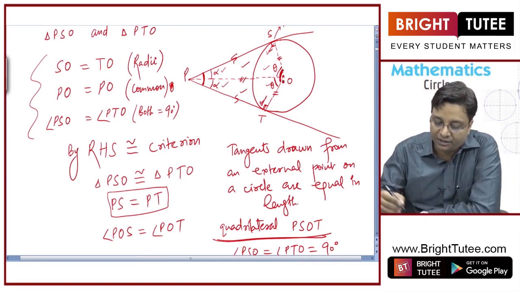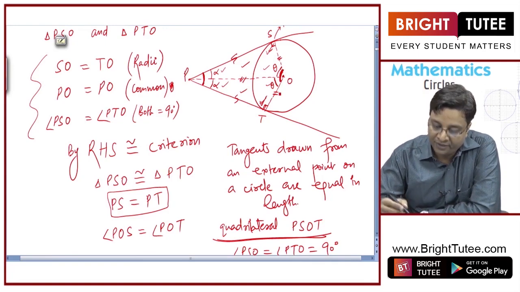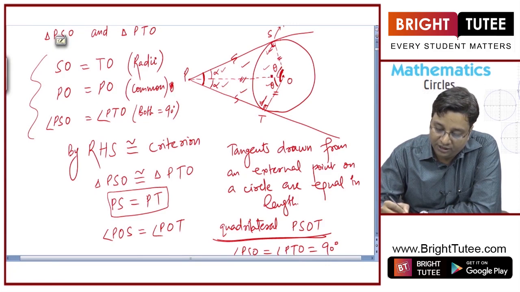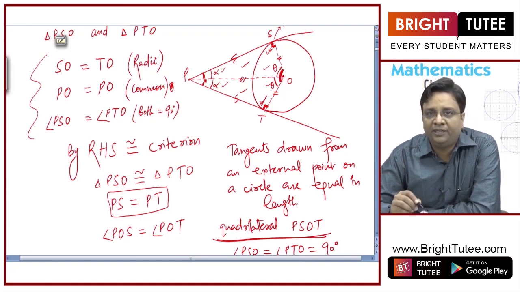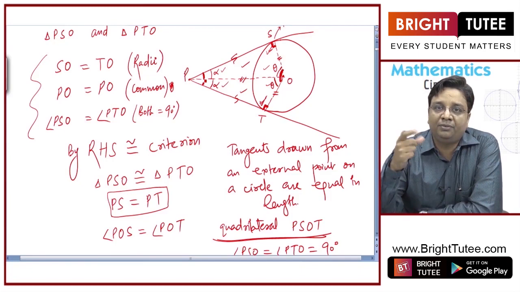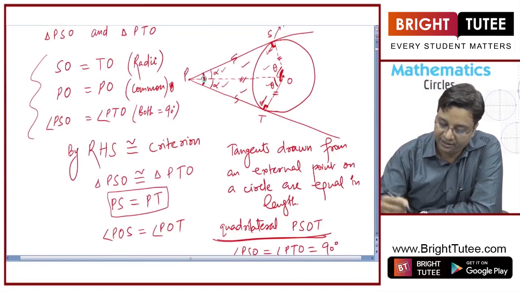This is pretty obvious if you take a glance at this quadrilateral. So the rest of the two angles will also be supplementary. By supplementary I mean that their sum will be equal to 180 degrees.